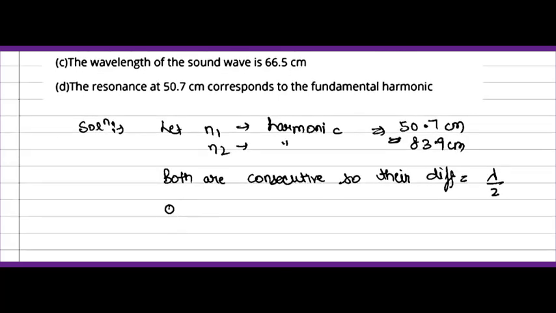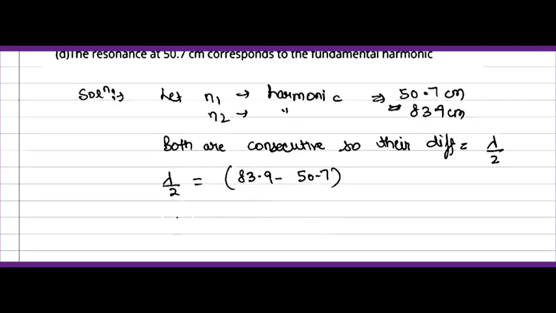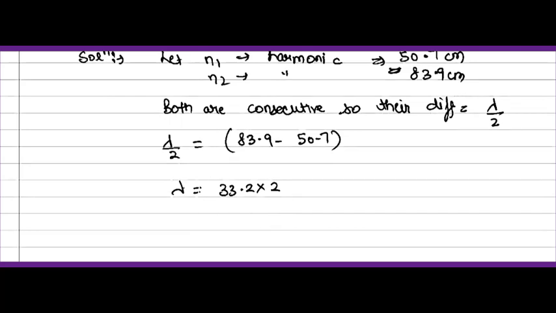So we can write wavelength divided by 2 is 83.9 minus 50.7. From this we get wavelength is 33.2 into 2, so lambda is equal to 66.4 centimeter.